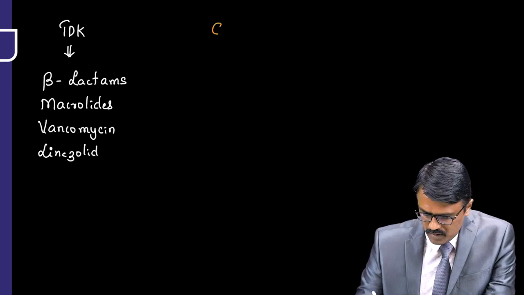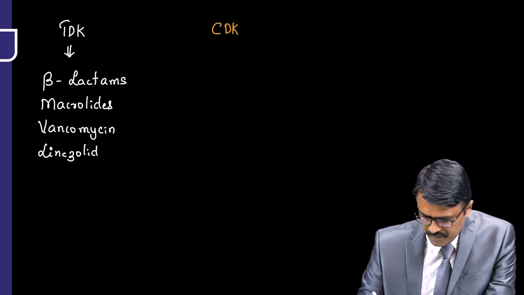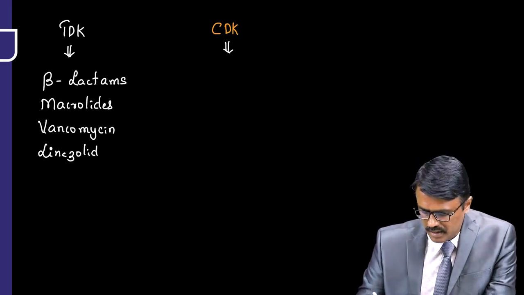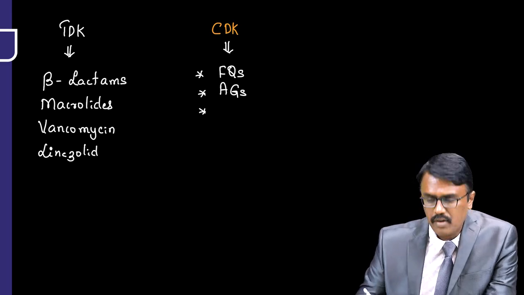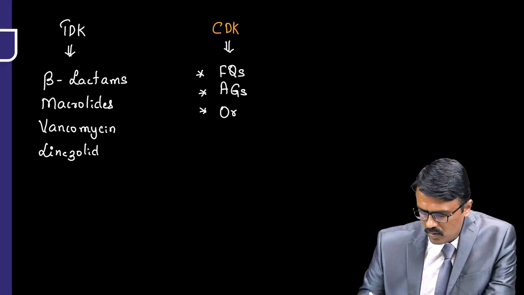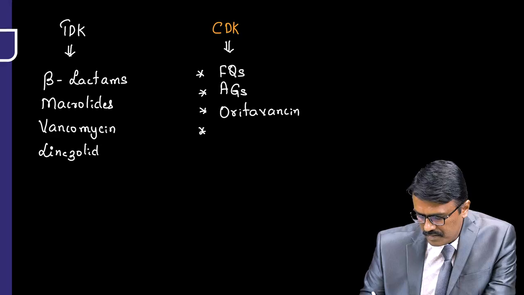Sir, who follows concentration dependent killing? I told you already, they are fluoroquinolones, then the aminoglycosides, AGs, and vancomycin derivatives called oritavancin and dalbavancin.